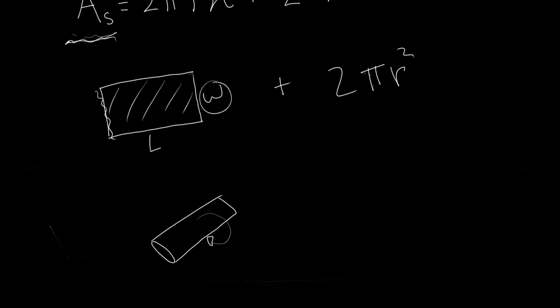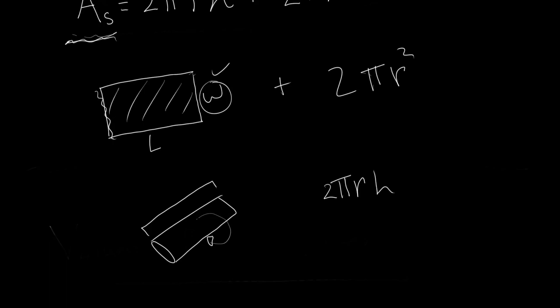And this width is simply the circumference of the circle, right? And the formula for the circumference of a circle is 2 pi r. So that takes care of our width. And our length, in this case, is simply going to be the height of the cylinder, right?